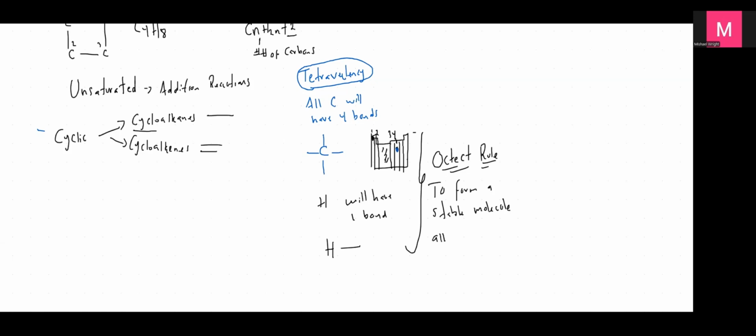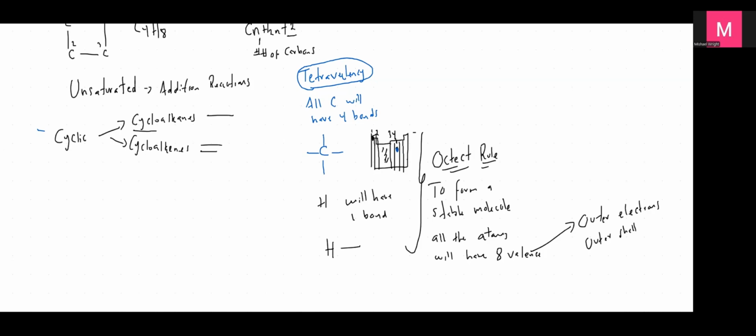all the atoms will have 8 valence electrons. When I say valence, I mean the outer electrons, okay? The ones that are in the outer shell.